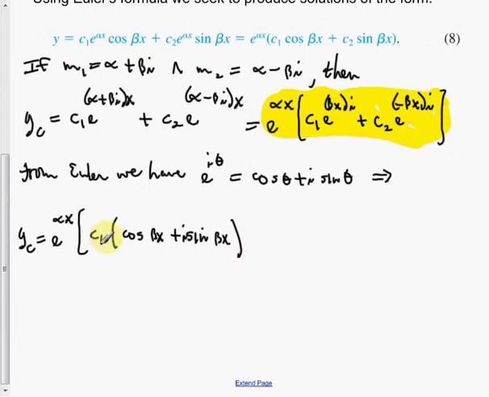So that takes into account the c sub 1. Now plus c sub 2, parentheses, cosine negative beta x plus i sine of negative beta x. Okay, so you close up the parentheses, close up the bracket.